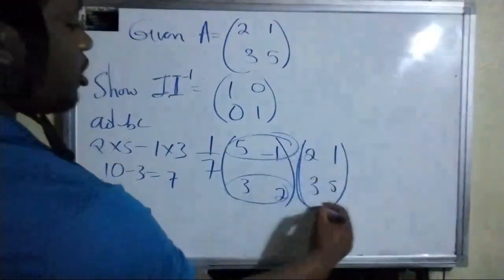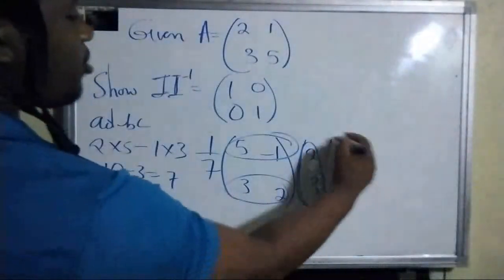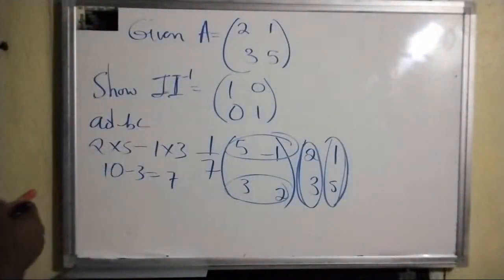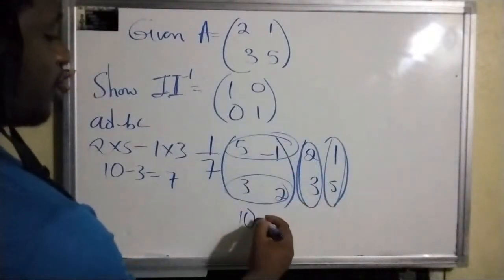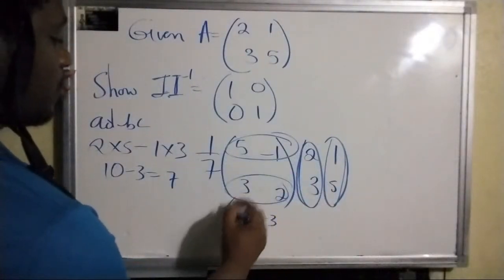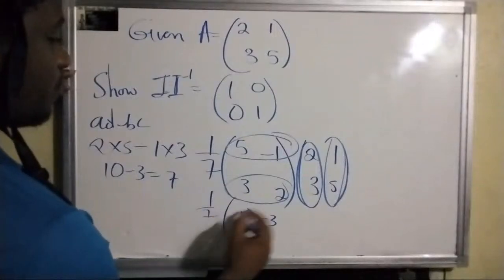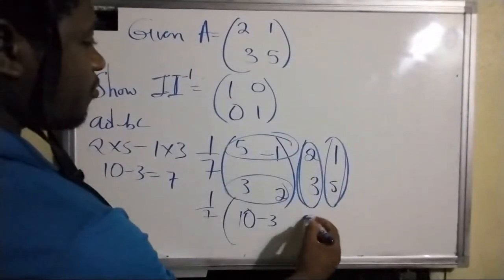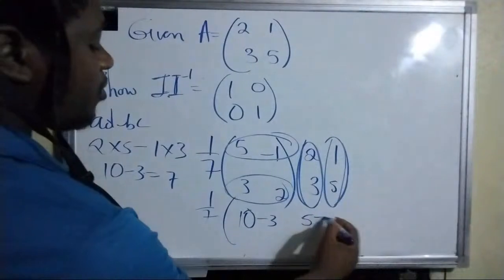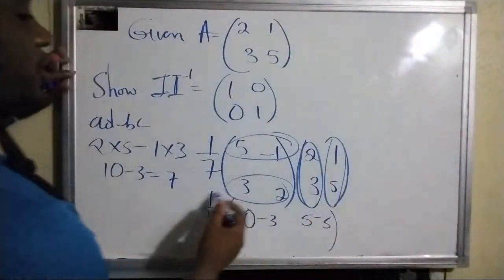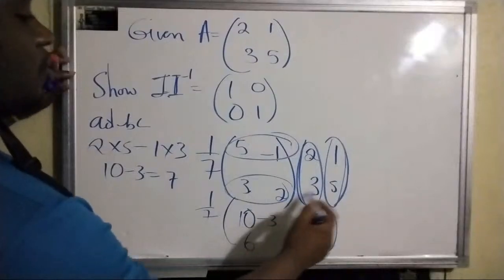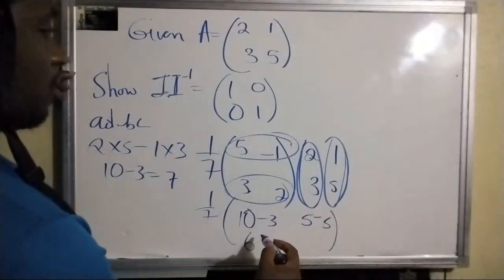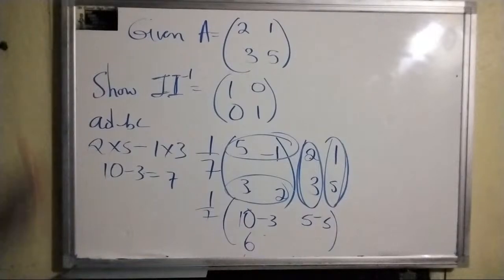If you're just joining, please ensure you watch back the video from scratch. So 5 2s 10, negative 1 times that, negative 3. So easy. 1 over 7. 5 times 1, 5. Negative 1 times 5, 5. Already we see the answer shape out. 3 times 2, that is 6. 2 3s.